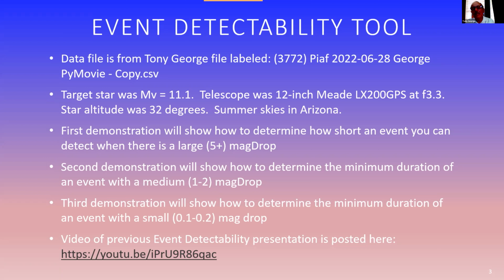And so if I'm going to use it, I have to base it on noise that I expect for the future event. So over time, I'm going to build a catalog of observations in different seasons at different altitudes, so that the noise that I use to predict if I can see a future event is as similar as I can get to the noise of the future event.